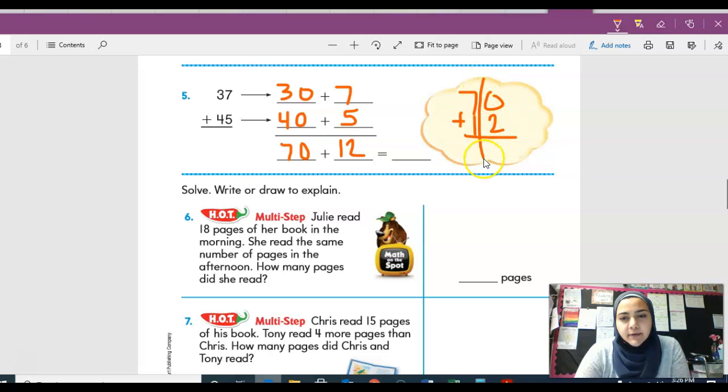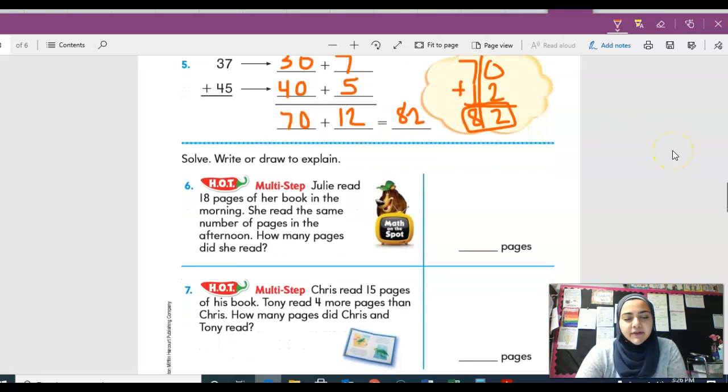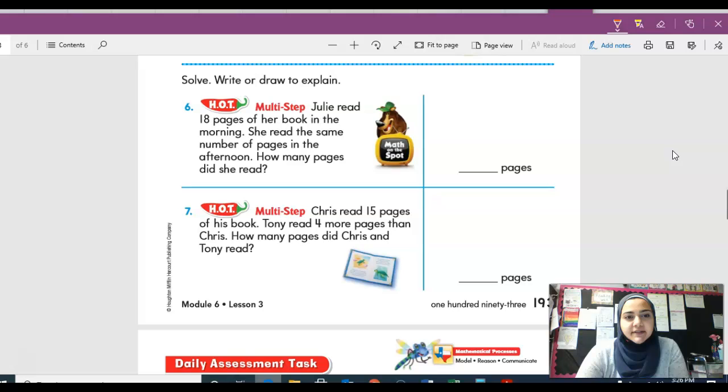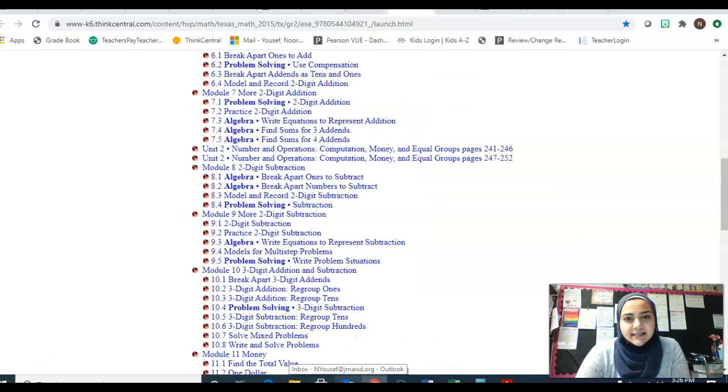Well, let's go ahead and write it, elevator, escalator. 0 plus 2 is 2, and 7 plus 1 is 8. So what's your final answer, class? 82. So you're going to write 82. Okay, very, very easy. All right, let's watch Professor Berger and see if he can help us out with 6 and 7.